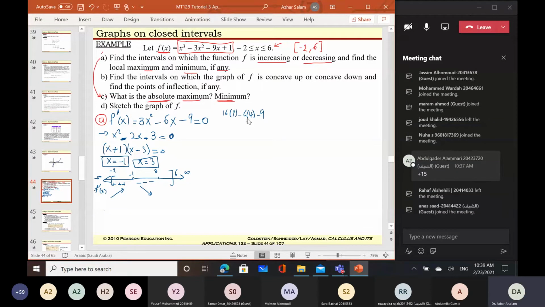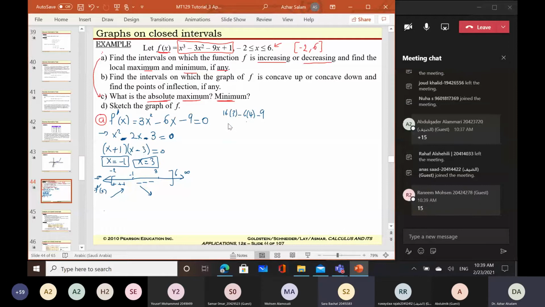Here 24 plus 9, this will be 33, and this is 48. I think it's positive. Positive, yes. You're sure? Okay, this will be positive, so the function here will be increasing.